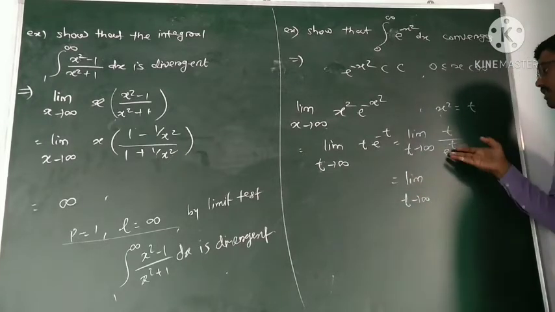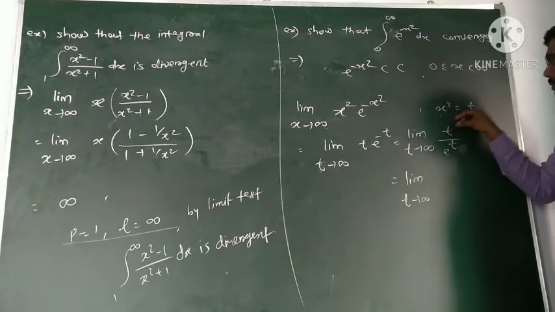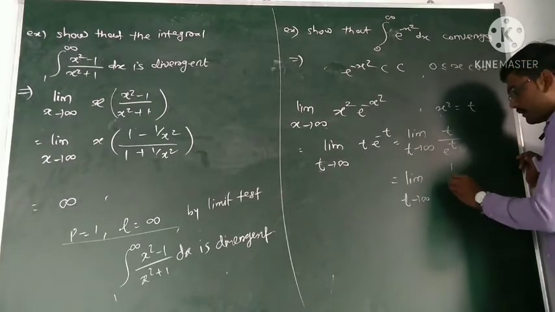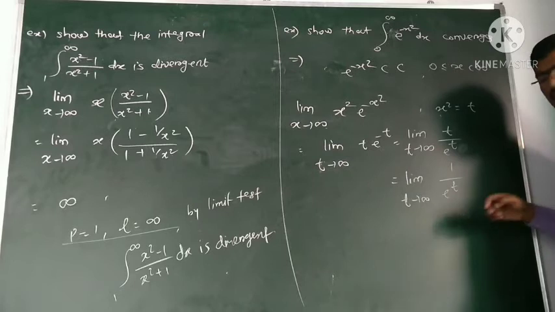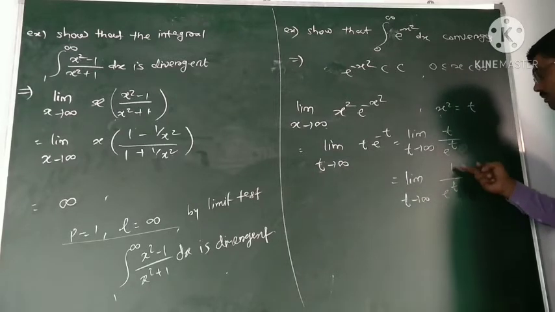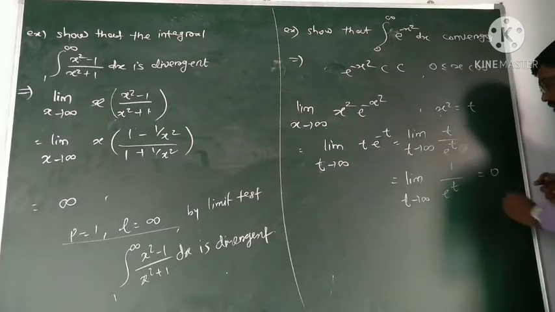When there is infinity by infinity form, we take the first derivative with respect to t and then take the limit. The derivative of t is 1, and the derivative of e raised to power t is e raised to power t. As t tends to infinity, 1 upon e raised to power t tends to 0. So the limit is equal to 0.